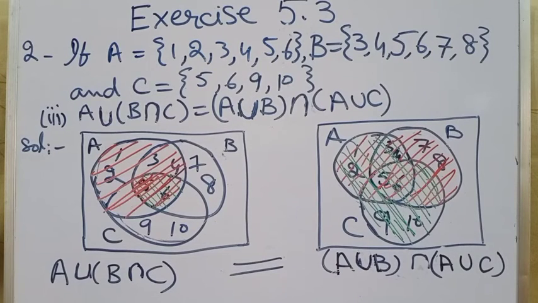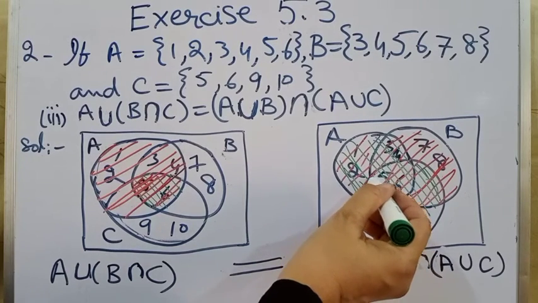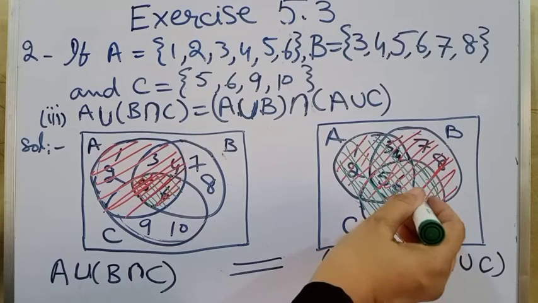In this way, next we have to find the intersection of A union B, this red portion, and A union C, this green portion. And we observe that their intersection contains only these elements, elements 5 and 6.